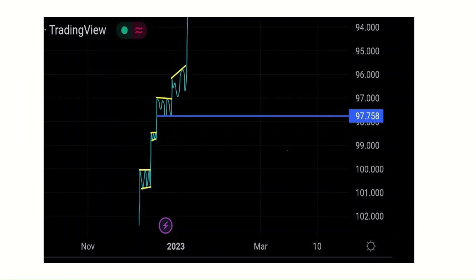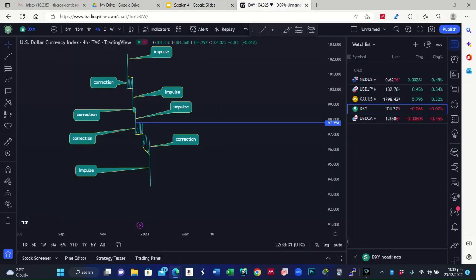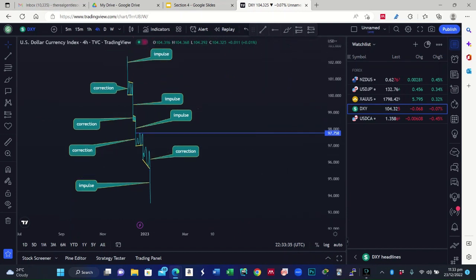So I'm trying to show you how it looks on the chart. This long one is the impulse, and this is the correction, then another small impulse, then correction, impulse, correction, impulse, correction. So let me show you this on a chart. I have labeled it here, as you can see.